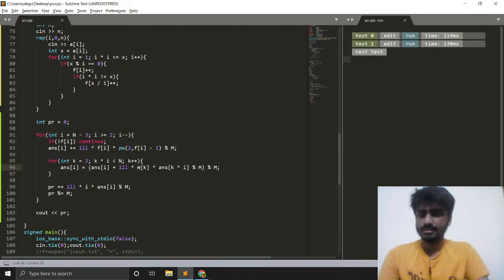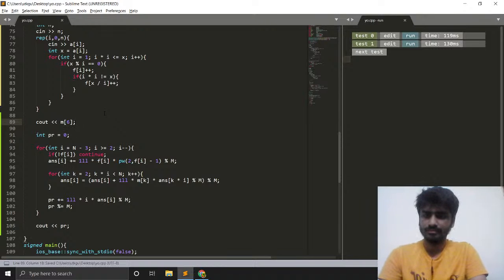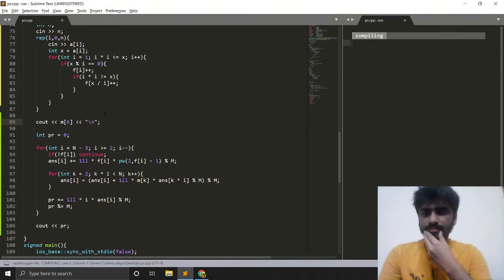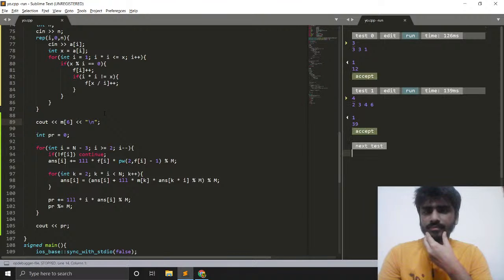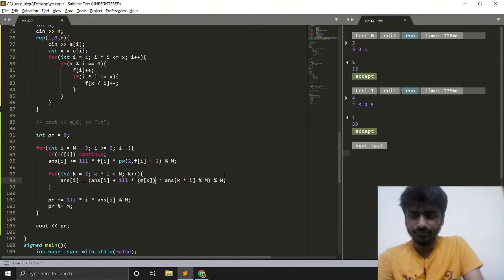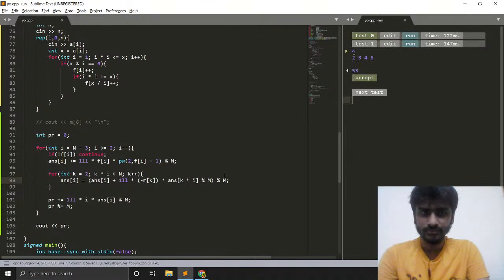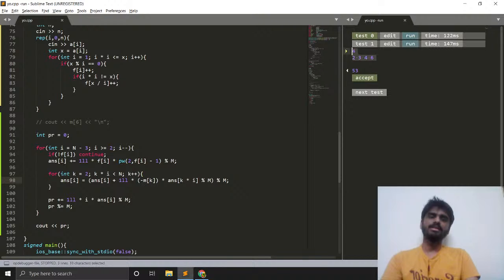Let me think. Mobius function of 6 should be negative, right? Oh, right, right. Okay, so I think that was a silly mistake. And thanks a lot for pointing it out. No, but now I'm getting wrong on the sample itself.